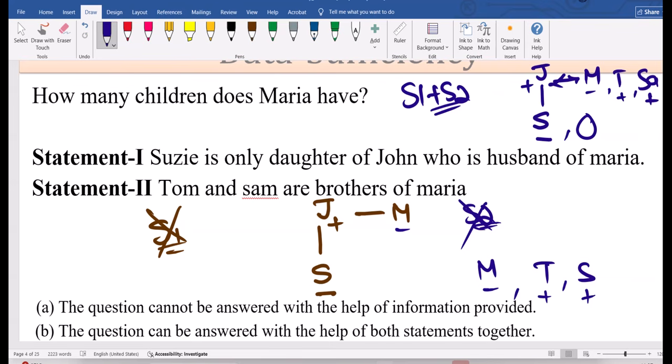That information is not there. So the question cannot be answered. Put together you also cannot answer. I can say only one daughter, but no, we don't have a guarantee regarding sons. There may be some other slot; maybe there are siblings for Susie as well. We cannot say. The question cannot be answered.